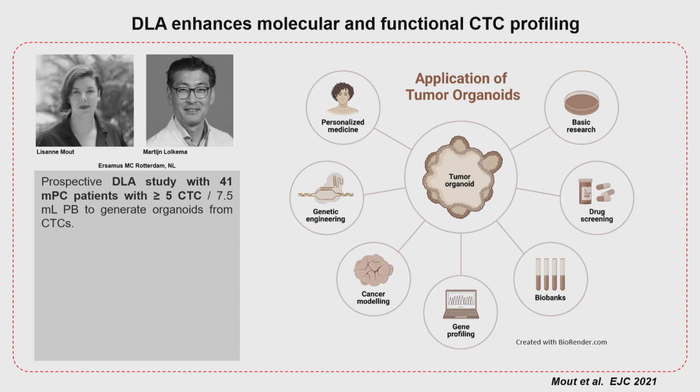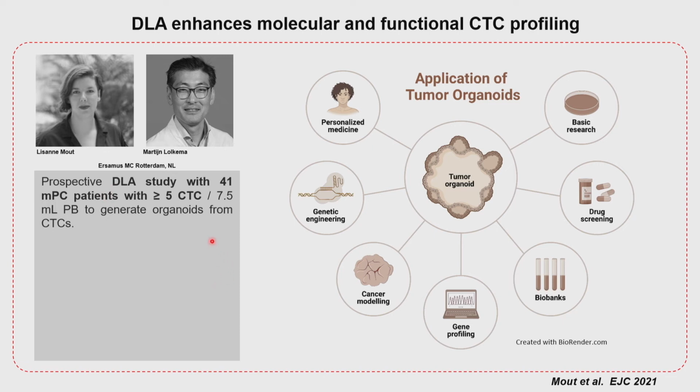So this idea of functional models generated from CTCs with the help of leukapheresis motivated the team from the Erasmus Medical Center in Rotterdam to investigate this in more detail. This is done by the group of Martijn Lolkema and Lisanne Mout, who was a PhD student working on this.